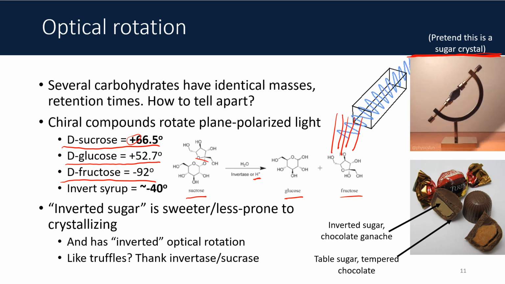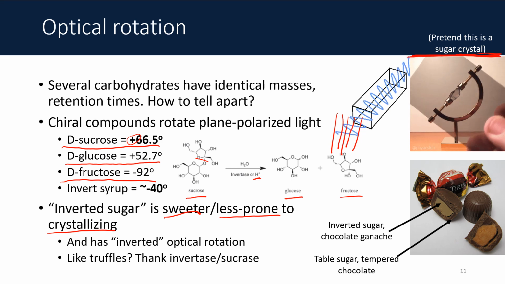And it's sweeter than sucrose, and it's going to be less prone to crystallization. And that makes sense. It's a heterogeneous mixture of two molecules, basically. Well, if it's a syrup, I suppose technically it's a homogeneous mixture, but those are two very important properties for candy making.